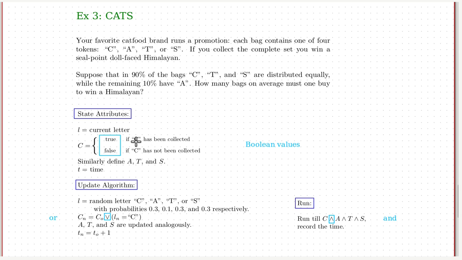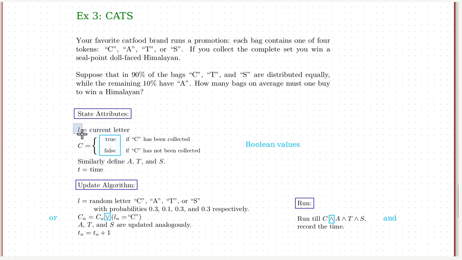So I'm going to say that C is a Boolean variable that's true if we've already collected the letter C, and it's false if we have not yet collected the letter C. And in a similar way, we can define Boolean variables A, T, and S, right, to keep track of whether we've already collected the letters A, T, or S. Okay, so we actually have a total of 6 state attributes, or 6 variables here.